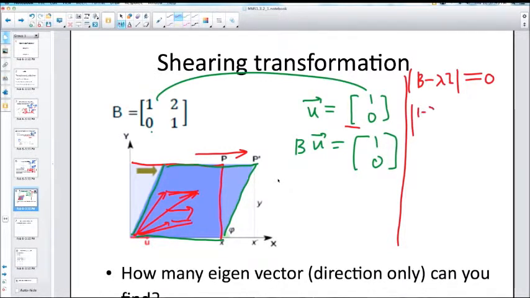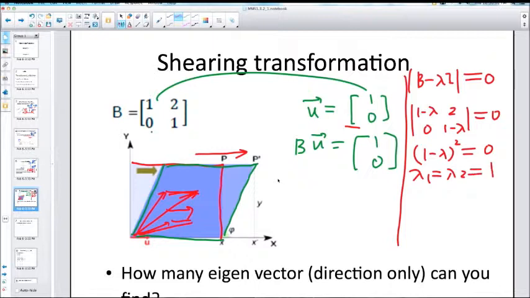Then you have (1 minus lambda), 2, 0, (1 minus lambda), equals 0. Then you get a repeated solution, lambda 1 equals lambda 2 equals 1. So you only got one eigenvalue, repeating. Can you find two eigenvectors? The answer is no. They're not independent.